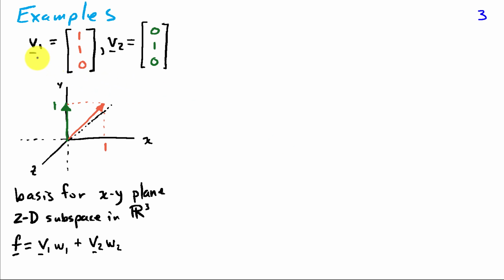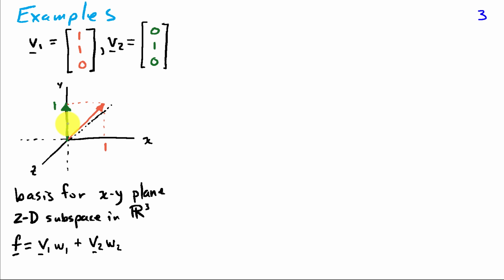So suppose I have two vectors, v1, which is, in orange, 1, 1, 0, and v2, which is 0, 1, 0. These are vectors in 3-space, which we'll refer to as x, y, and z coordinates. We're going to consider these to be a set of bases. We can graph them, as I've done here with the orange and the green vector. You can see that the span of these vectors is the xy plane.